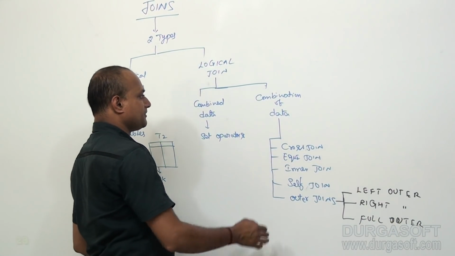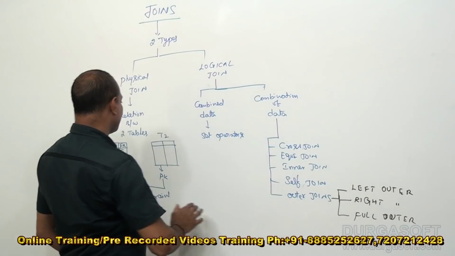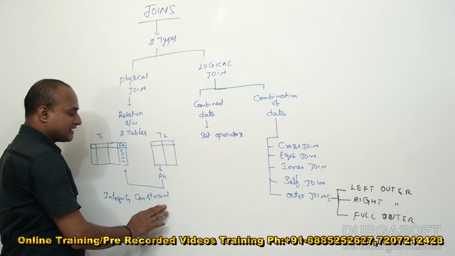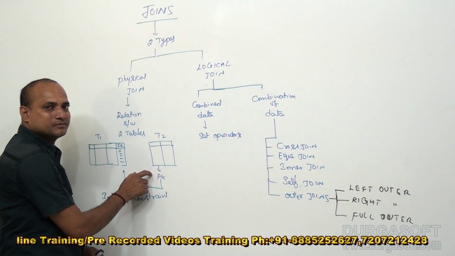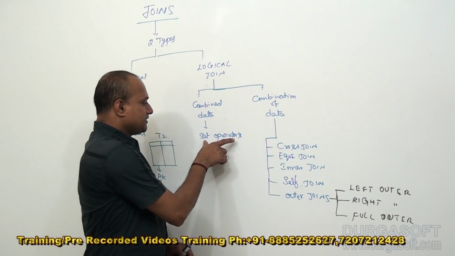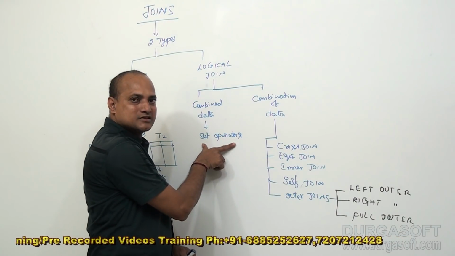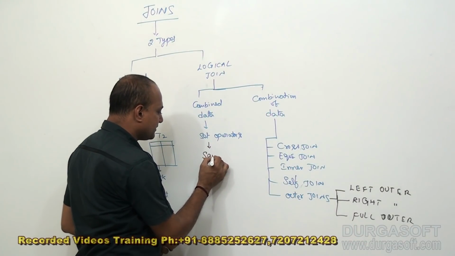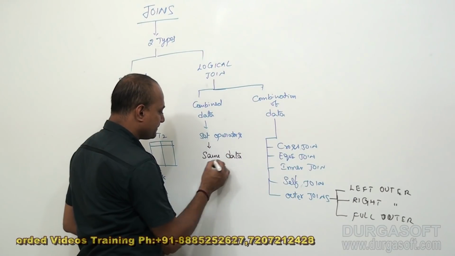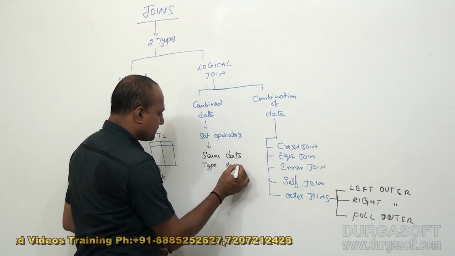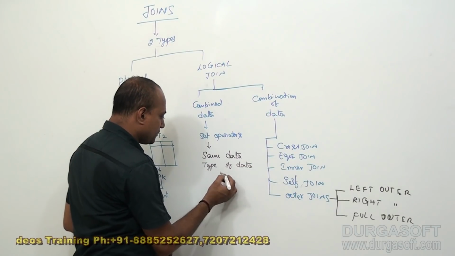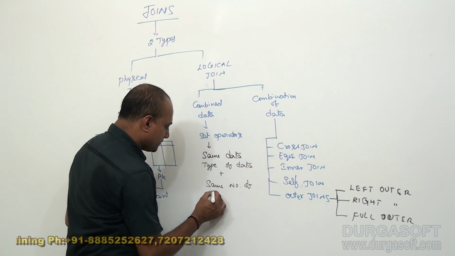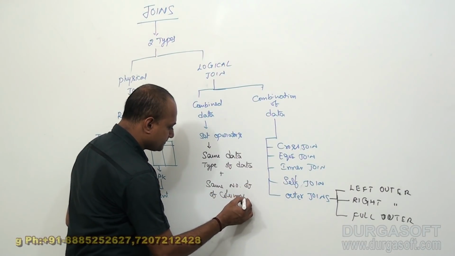Now we are discussing logical joins. Physical join we have already done: by using integrity constraints, we implement a physical relation between the tables. And this is logical join, but by using set operators you get only the same data type of data, and you need to select the same number of columns from each table.